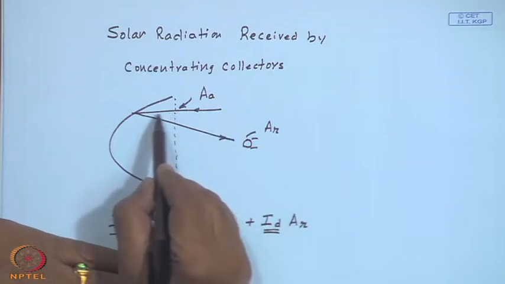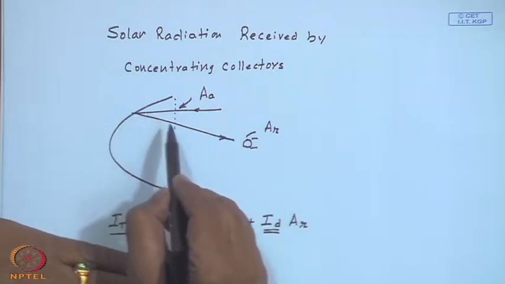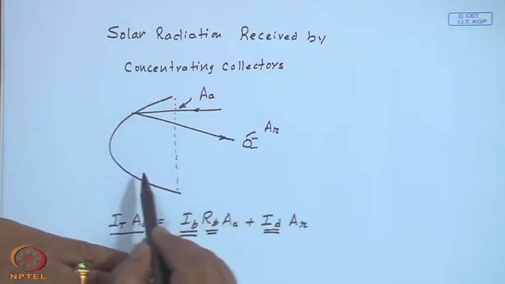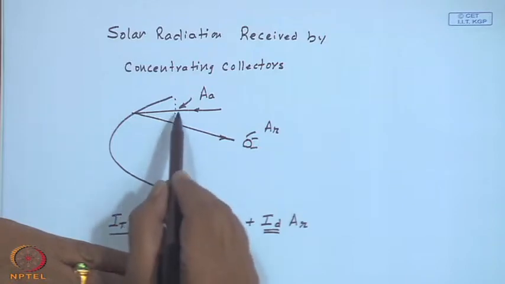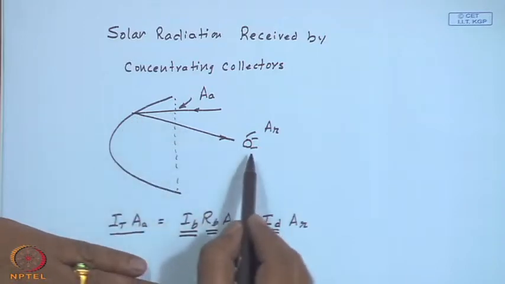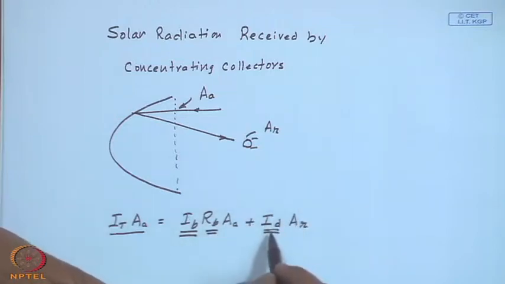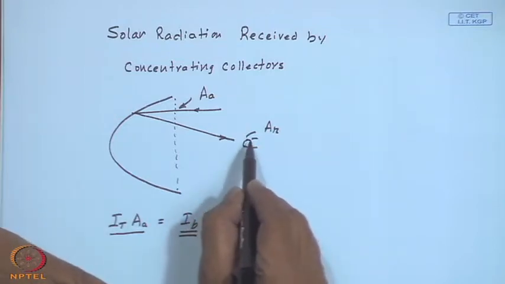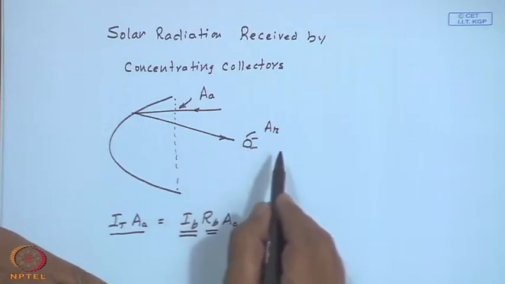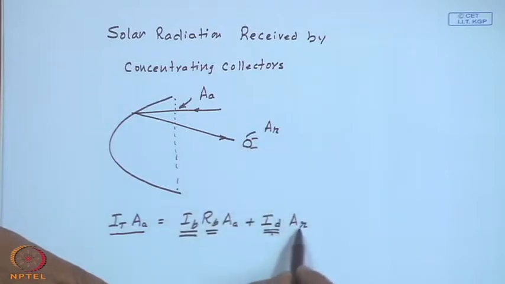Because the diffused radiation that passes through the aperture will not be reflected according to the laws of optics, and it may not be captured by AR. Nevertheless, whatever is the diffuse radiation that is directly captured by the receiver will be ID into AR.